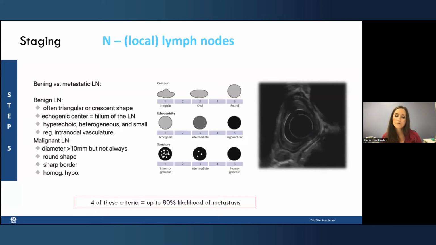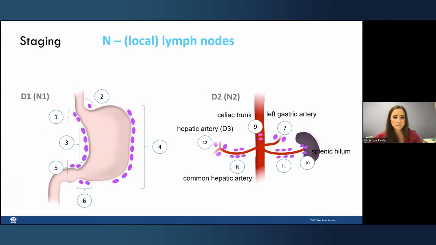If these criteria are seen on the screen, it may be related to a likelihood of metastasis of up to 90%. So we are looking for these lymph nodes rather than ones with a benign appearance.